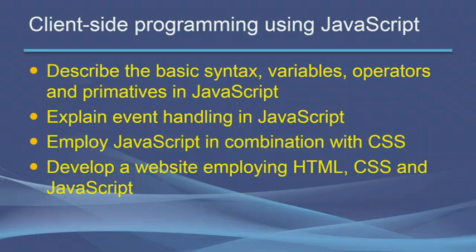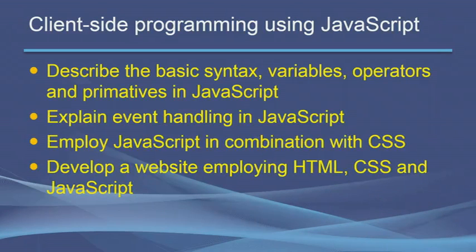JavaScript is a programming language, so you will need to know the syntax, the format of the script, what variables are, what operators are available, the primitives, and the already available functions and operations in JavaScript, so that you are able to effectively use JavaScript when doing web application development. So you need to first understand this. That's the first learning outcome.